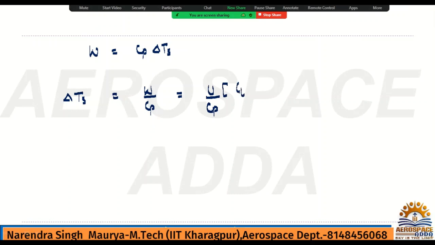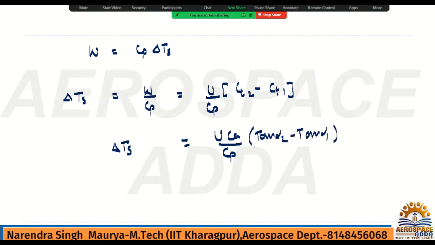The same delta Ts we can write as U Ca by Cp. Instead of Ct2 and Ct1 you can write Ca tan alpha 2 minus Ca tan alpha 1, or also tan beta 1 minus tan beta 2. This is the stage temperature rise.